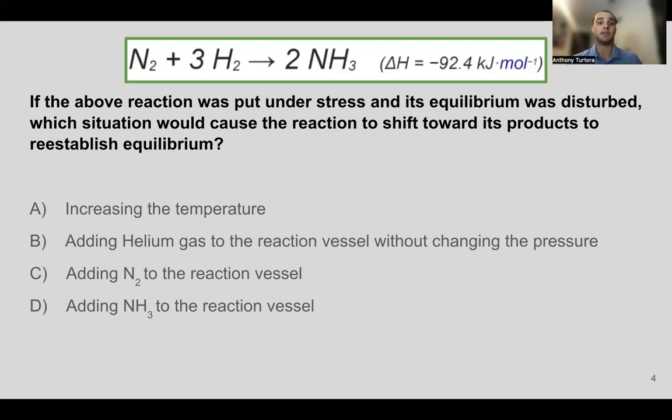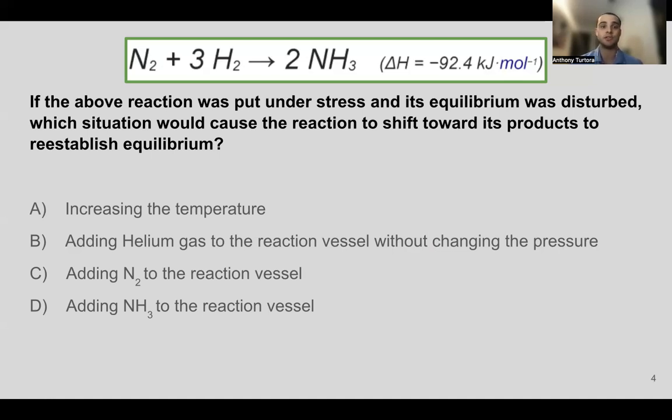When looking at B, if I add helium gas, notice how helium is not involved in this reaction, and I do not change the pressure, then nothing will happen. Therefore, this will not shift the reaction towards the products. Now looking at C and D, I'm just changing concentrations of 2 substances that are in this reaction.